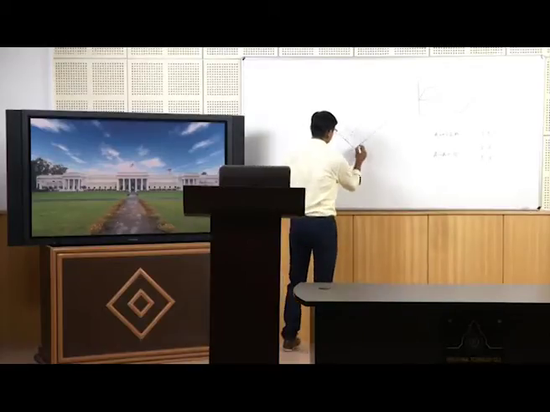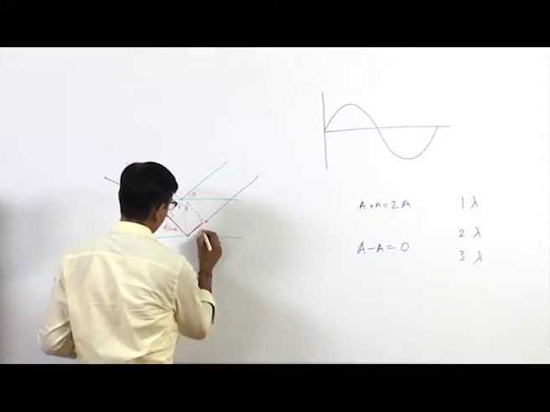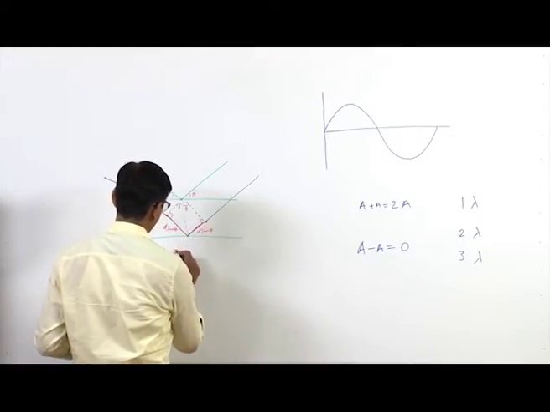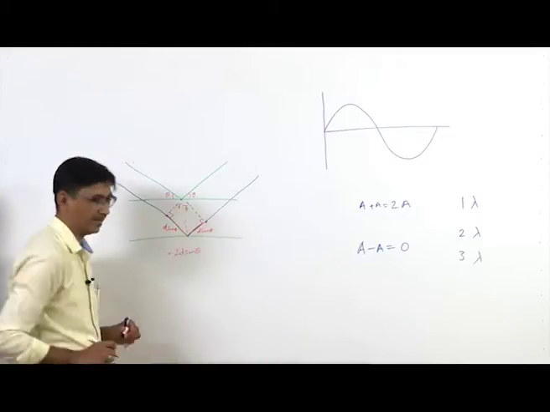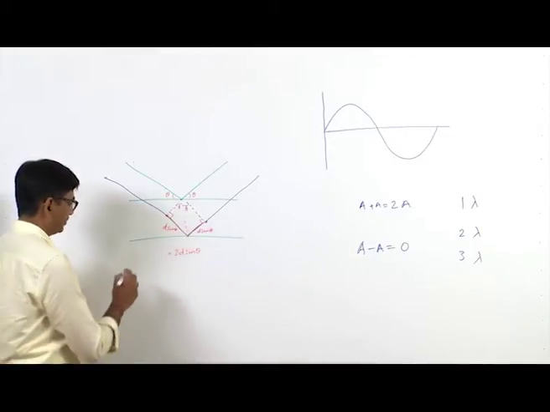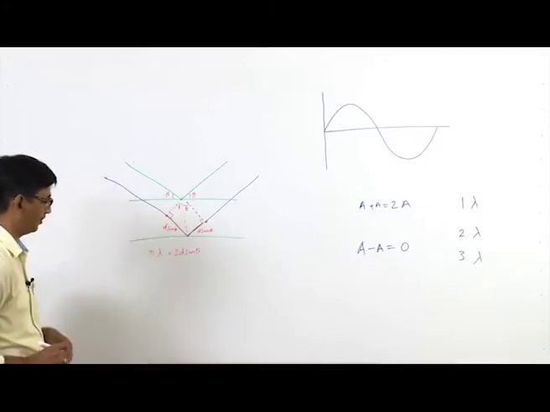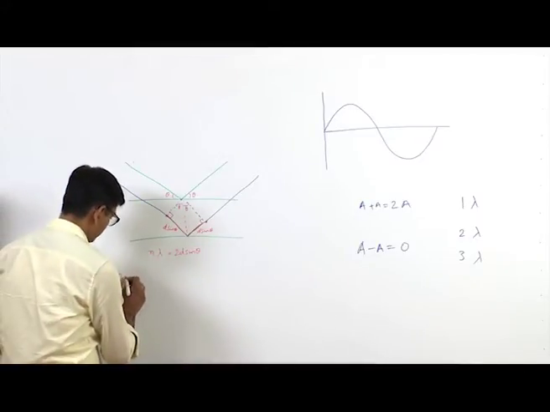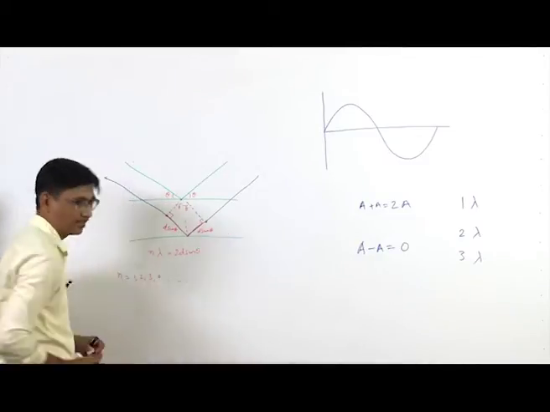So this is going to be d sin theta. I have two of them, one here and another here, so d sin theta plus d sin theta gives 2 d sin theta. So the Bragg law is given by n lambda equals 2 d sin theta. As we said, the extra distance travelled should be an integer multiple of lambda, so I am saying it is equal to n lambda, where n is any integer.